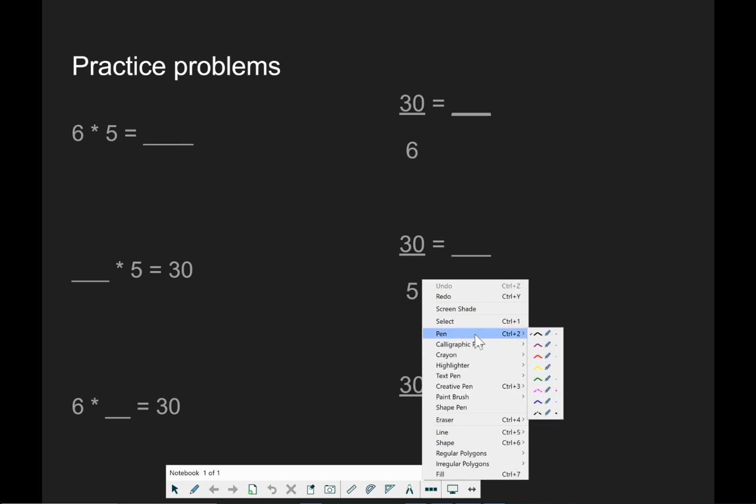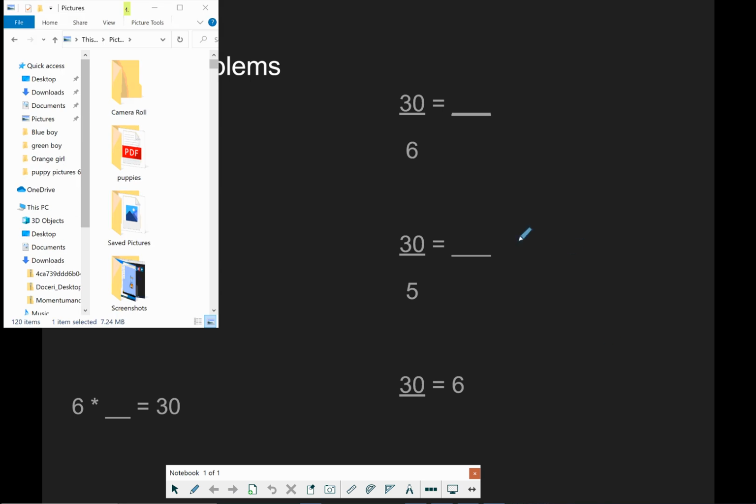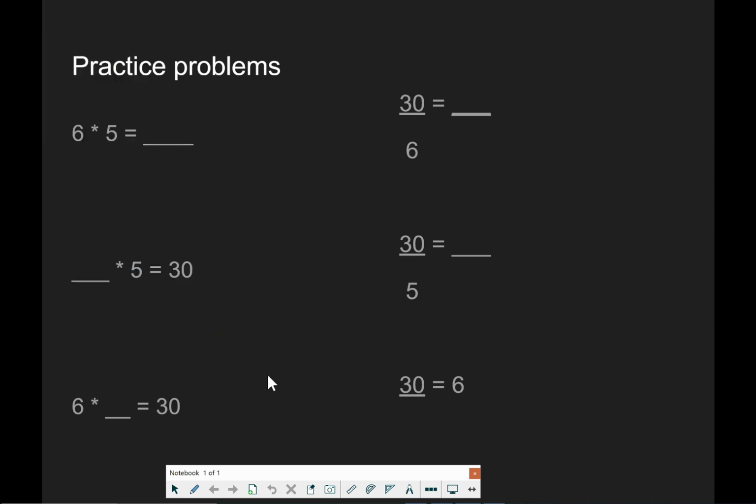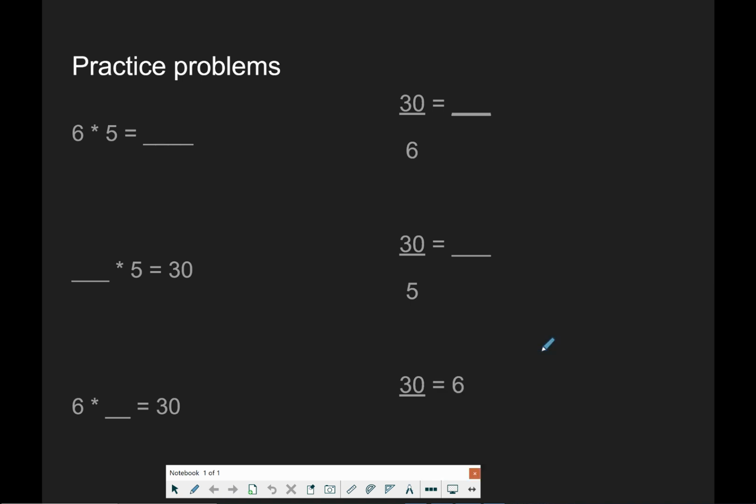Okay, so let's make this make more sense. If we've got 6 times 5, if we were going to put this in the T method, if you've got a times mark, you put a line in between them, and you put a line over them.